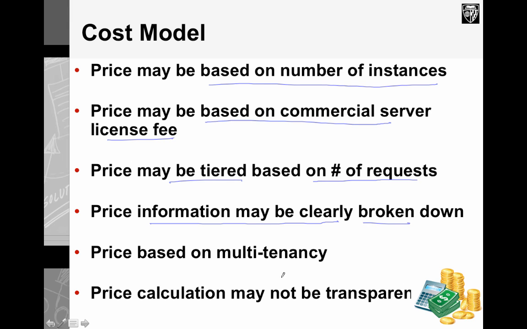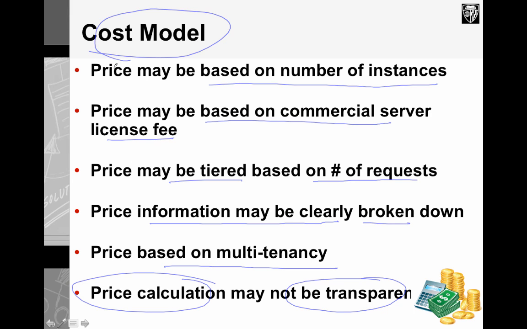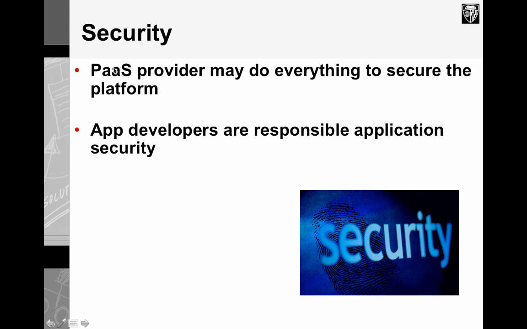It may not be transparent. And the price may be based upon multi-tenancy. Like I said, the price calculation may not be transparent at all. So it's really important for you to understand the cost model when you're looking at an application server vendor in a cloud environment.